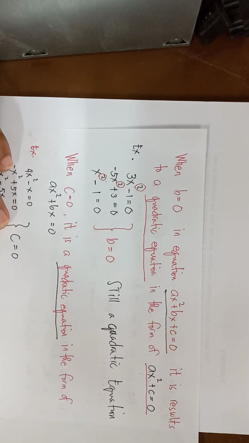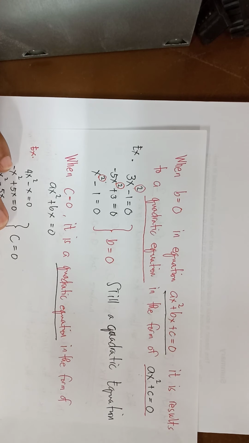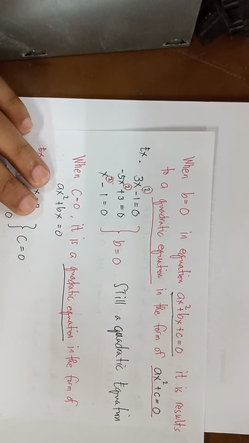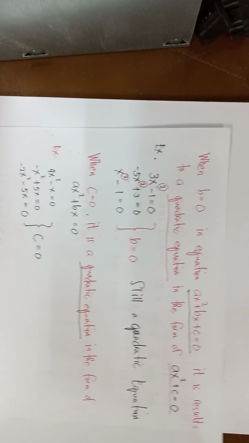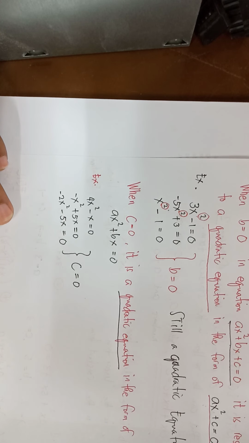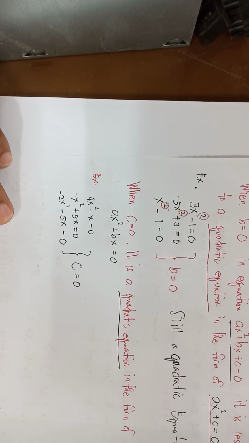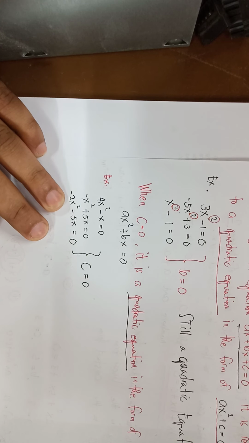The same goes for when c is equal to 0. It is also called a quadratic equation in the form of ax squared plus bx plus 0. Say for example, we have 4x squared minus x equals 0. Negative x squared plus 5x equals 0. And negative 2x squared minus 5x equals 0.